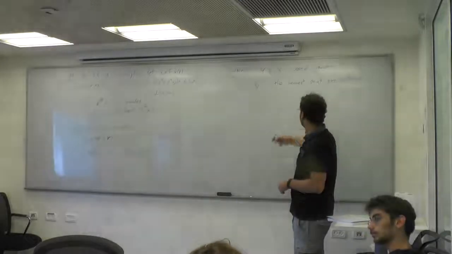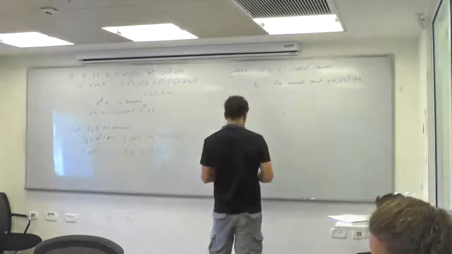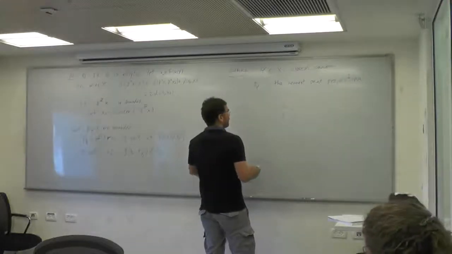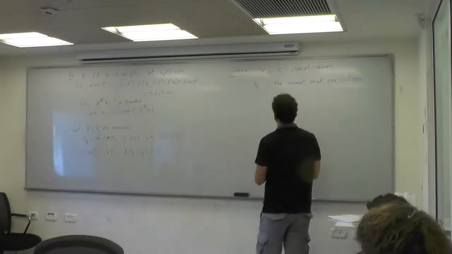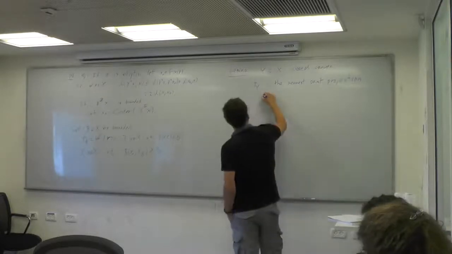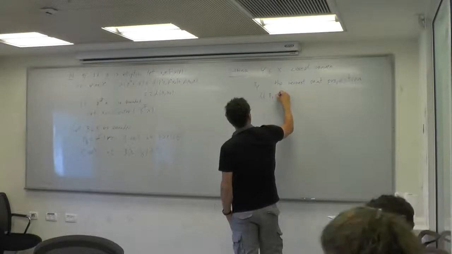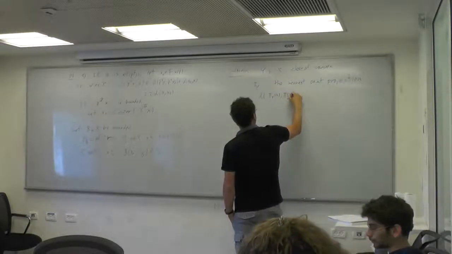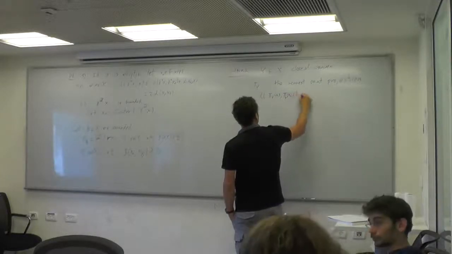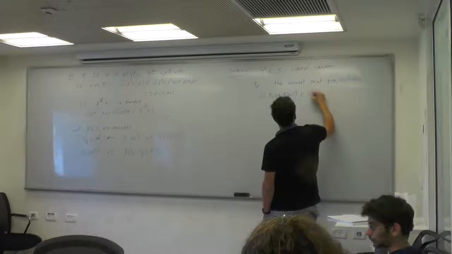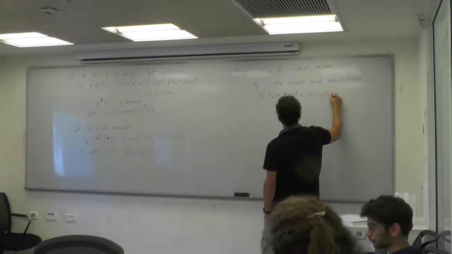So the nearest point projection is a continuous retraction. And it's 1-Lipschitz, if you want: the distance between pi_Y x1 and pi_Y x2 is less than or equal to the distance between x1 and x2.